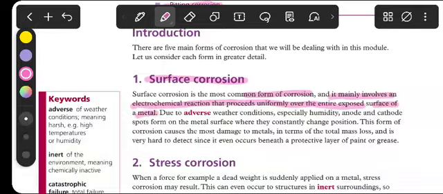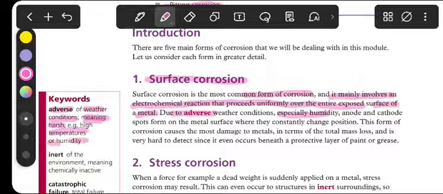This is on the external of the metal, due to adverse weather conditions, especially humidity. The keyword here is weather condition, meaning harsh conditions, e.g. high temperature or humidity.